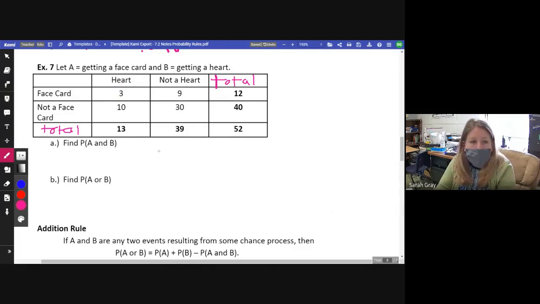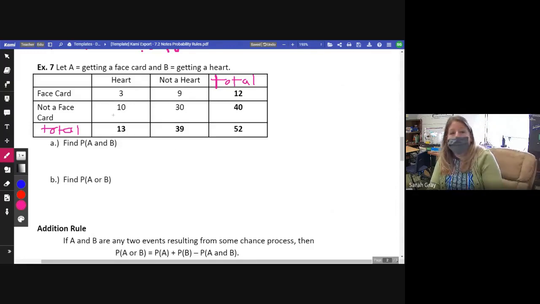How many cards in the deck are hearts but not face cards? 10. Good. How many cards in the deck are face cards but not hearts? 9. Excellent. That's how you read a two-way table. And then the number of cards that are not face cards and not hearts, which I didn't ask about, would be 30 cards.